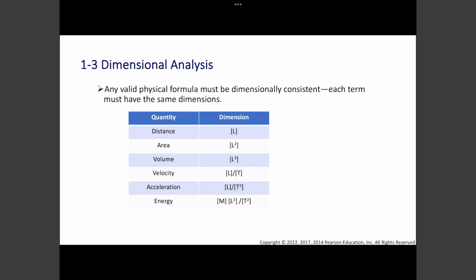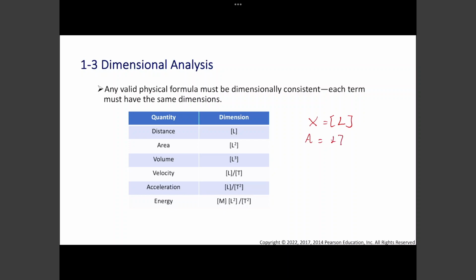So if x represents a distance, which has a dimension of length, we can write [x] is equal to [L]. Similarly, area means two lengths, right?